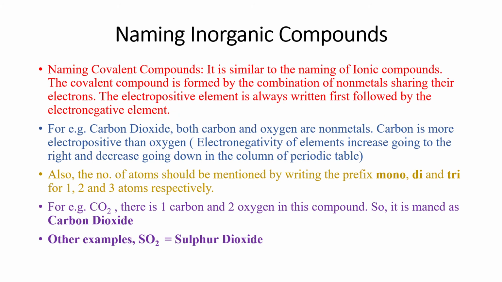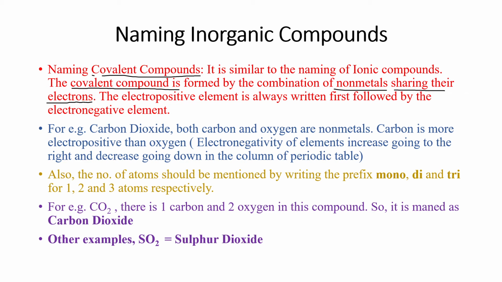And let's look at the covalent compounds. It is similar to the naming of ionic compounds. The covalent compounds are formed by the combination of nonmetals sharing their electrons. So there is a difference between ionic compounds and covalent compounds.